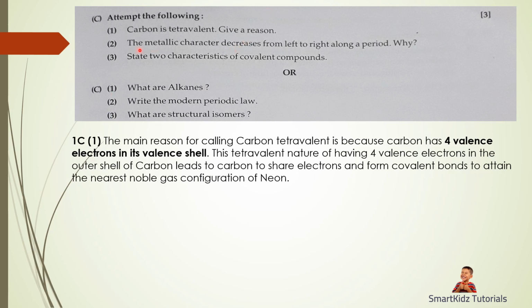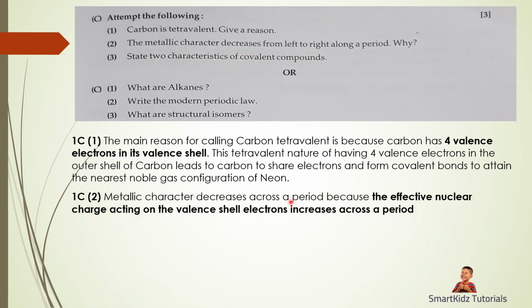And second one, the metallic character decreases from left to right along a period. In this case, the metallic character depends on the nuclear charge. That means each atom has got a nucleus, and this nucleus has an attractive force which keeps the electrons in the orbits tightly held and in particular orbits.